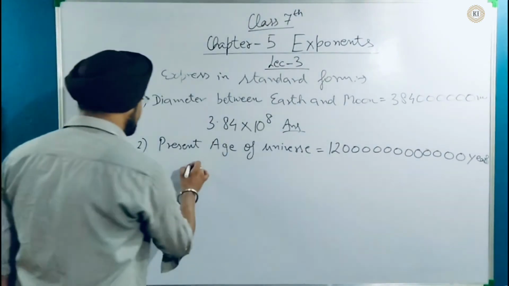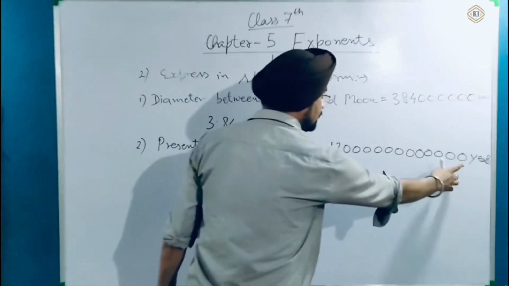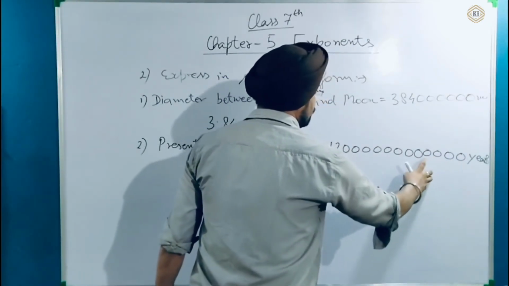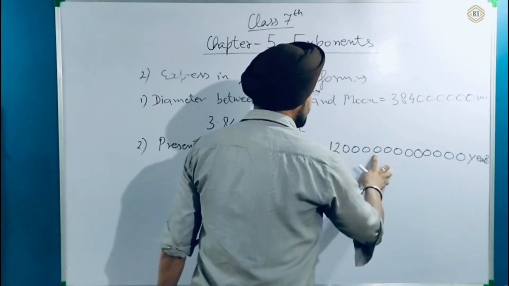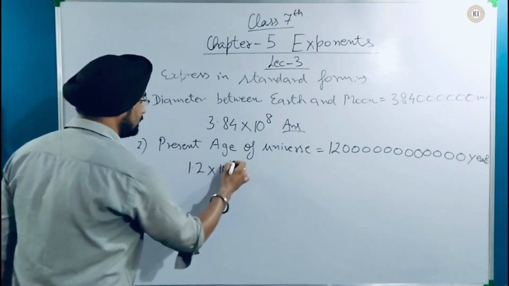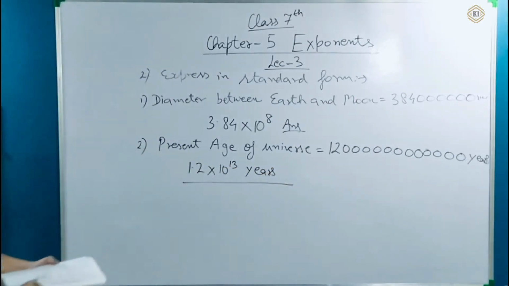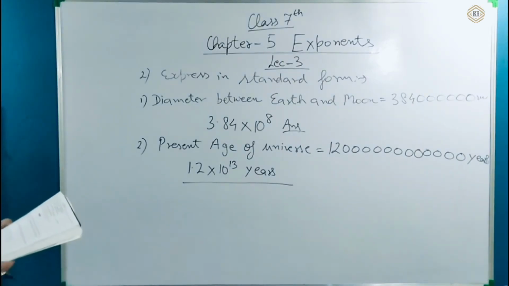So simply we will write here 1.2 into 10 to the power, count the zeros, 1, 2, 3, 4, 5, 6, 7, 8, 9, 10, 11, 12, and this number will be 13. So present age of universe will be 1.2 into 10 to the power 13 years.